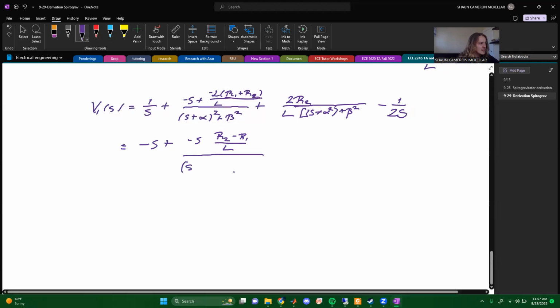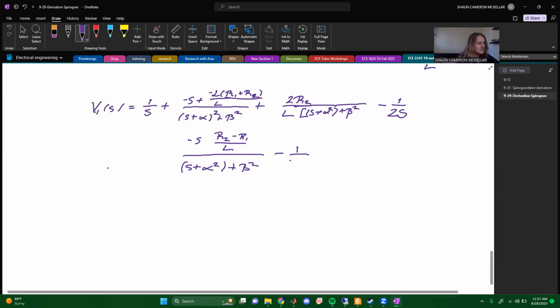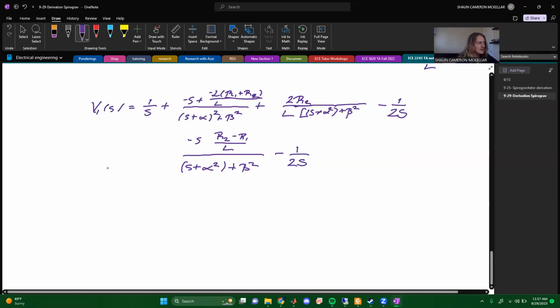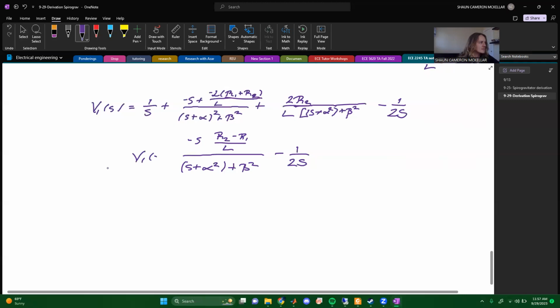And then over S plus alpha squared plus beta squared. And then I want to also subtract off 1 over 2s because we added these constant terms together. So that's V1 of s.